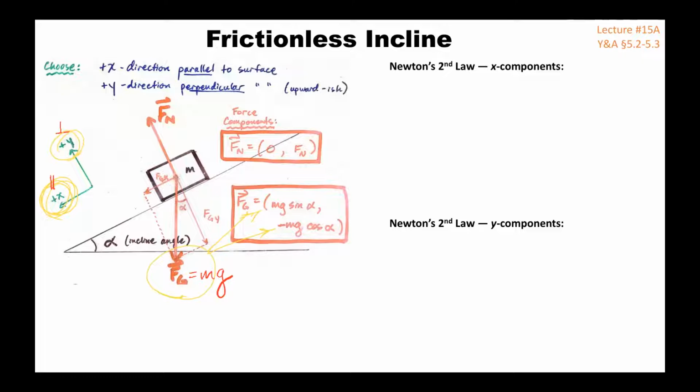Well, in this case, the trig angle starts in the positive x direction and goes through y around that direction. So it's going to be equal to 270 degrees plus the wedge angle of the incline.